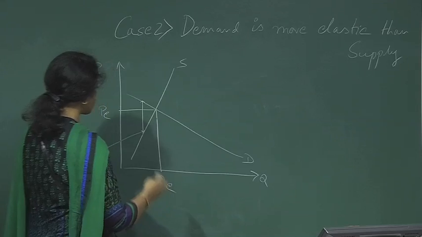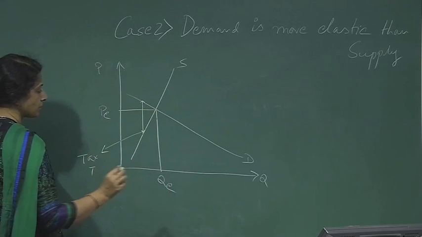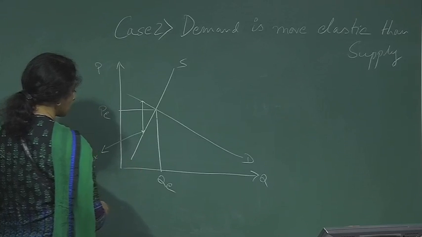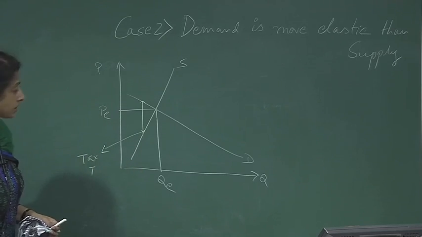So immediately we draw the amount of tax between the demand and the supply curves, and we get the after tax prices.